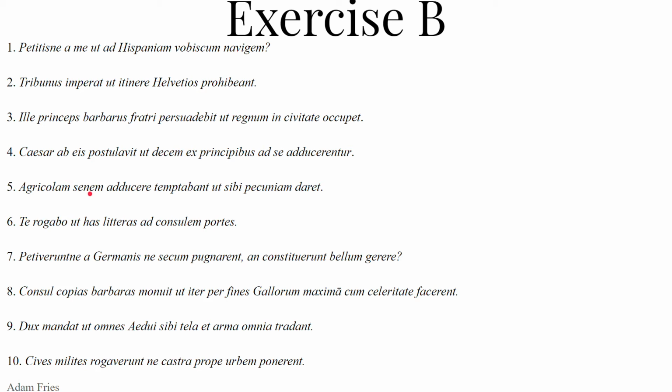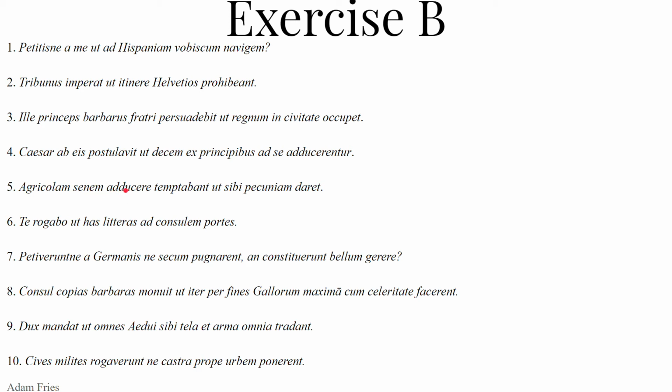Senem, senex, senis, it is an adjective, means old man. I mean, it sounds like a noun. I know, but it means old, like it usually means old man. It's never used of a woman. There is another word for old woman. Ask me sometime for it. So agricolam senem, an old farmer, old man farmer, meh, old farmer, get off his lawn.